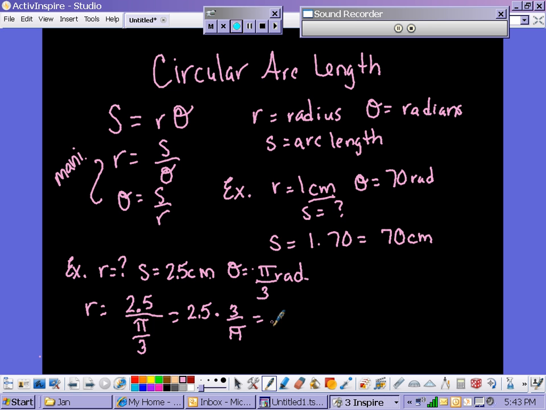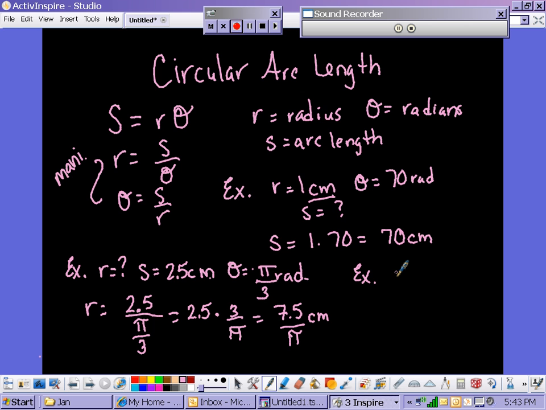And then 2.5 times 3 is going to give us what? 7.5 over pi, and then this is going to be centimeters. So that's what our radius is, 7.5 over pi centimeters. And you can have pi in the denominator. Okay. Example 3.